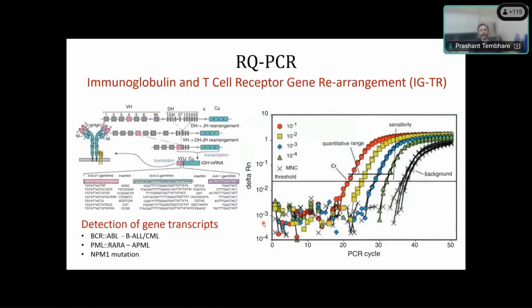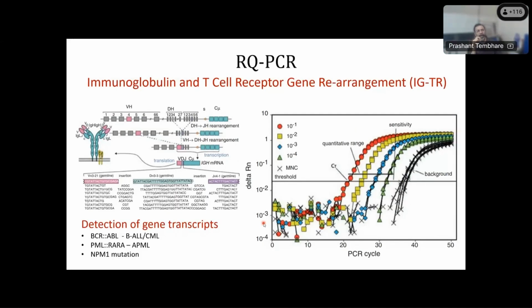Now, one of the common molecular techniques used is to look at the immunoglobulin and T cell gene receptor rearrangement. We know that when the lymphoid cells mature, they undergo T cell gene rearrangement. Since the tumor cells are clonal cells, ALL cells are clonal cells, they have a unique T cell gene rearrangement.